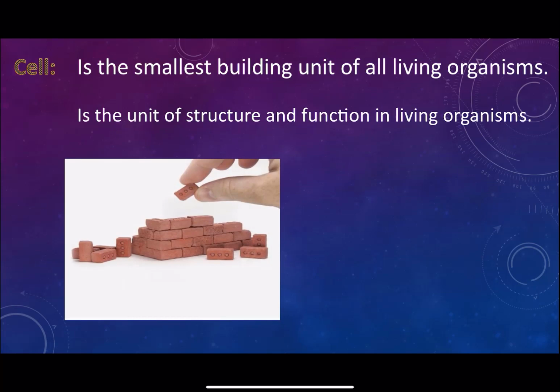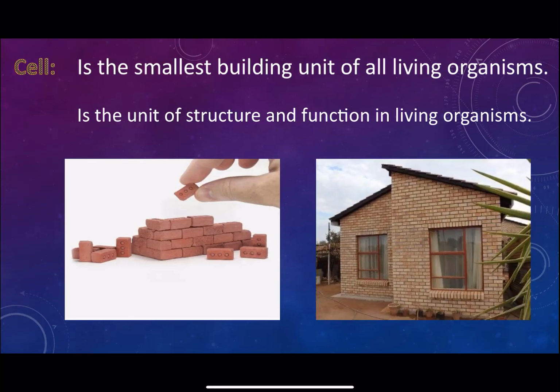As you see in this picture, I can make a relation between the brick and the cell. The brick, I use it to build the building. I can define the brick in this picture. It is the building unit of the building.